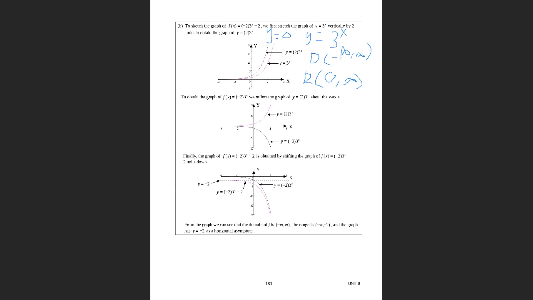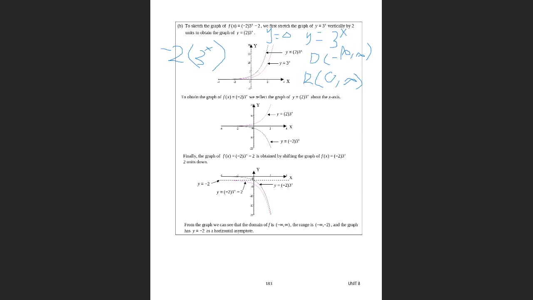Now, if we have a graph like this, minus 2 into bracket 3 exponent x, this time the number in front of your exponent is negative.